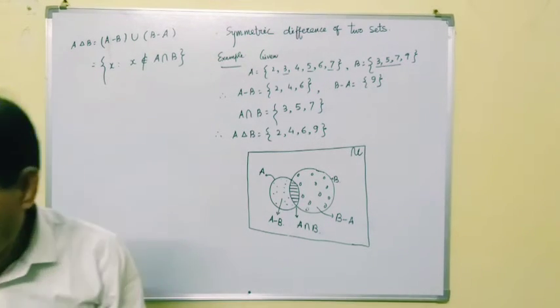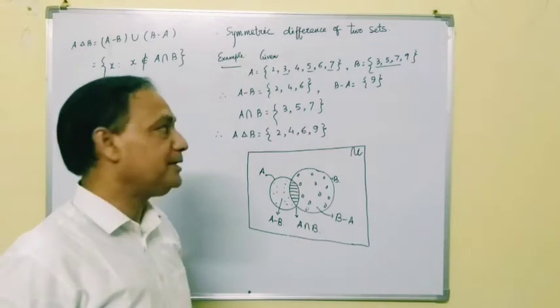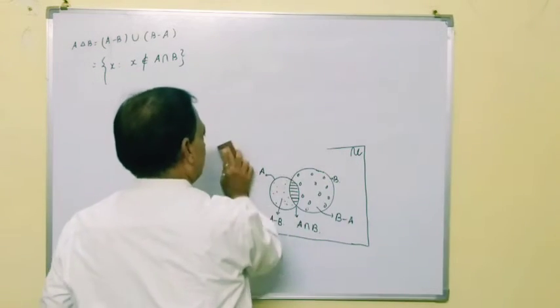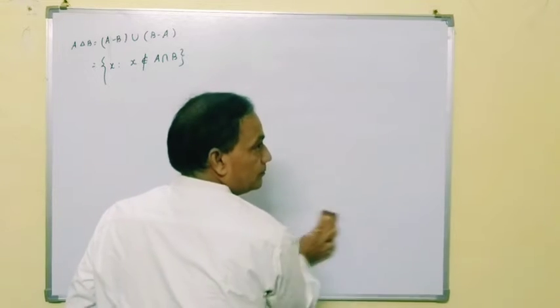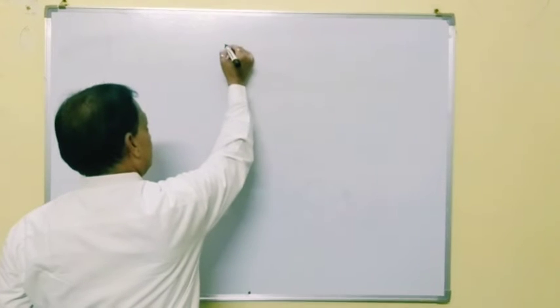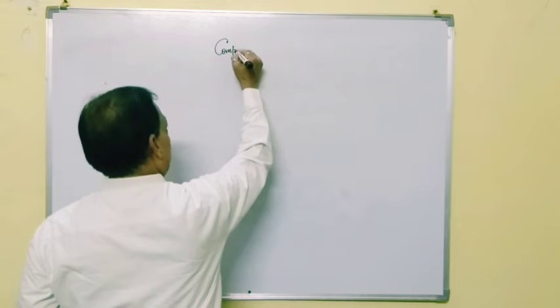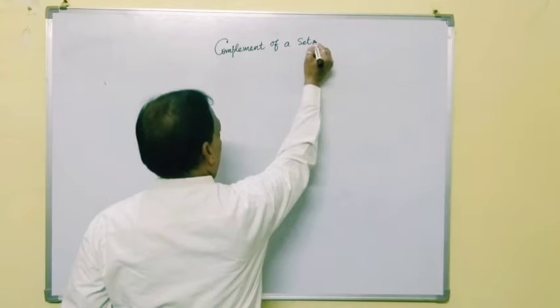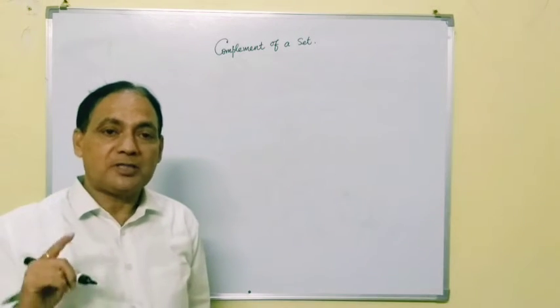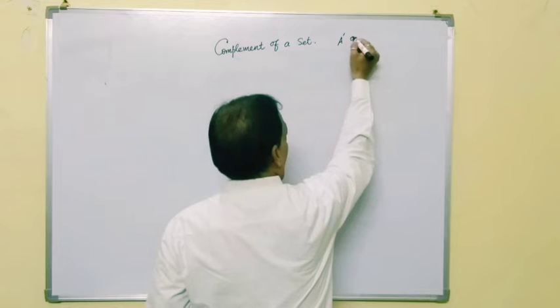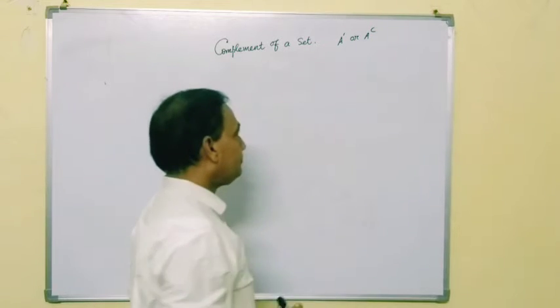So next topic is complement of a set. कोई सेट A है, उस सेट के कॉम्प्लीमेंट के लिए सिंबल है A dash या A C. What is this?